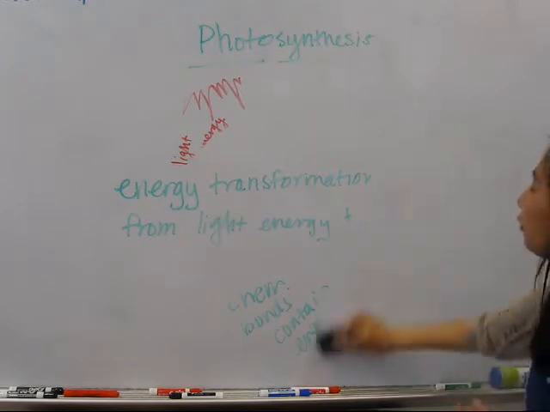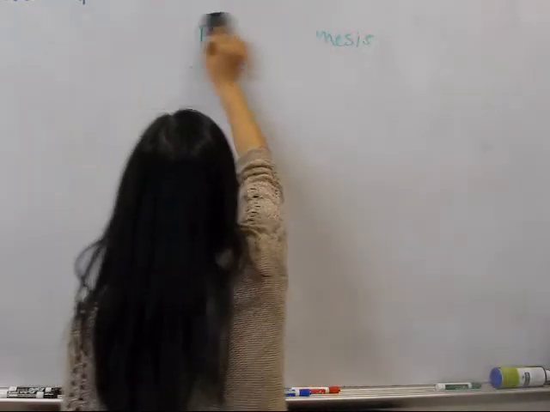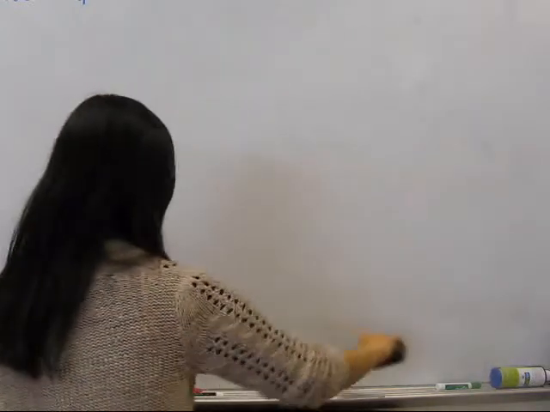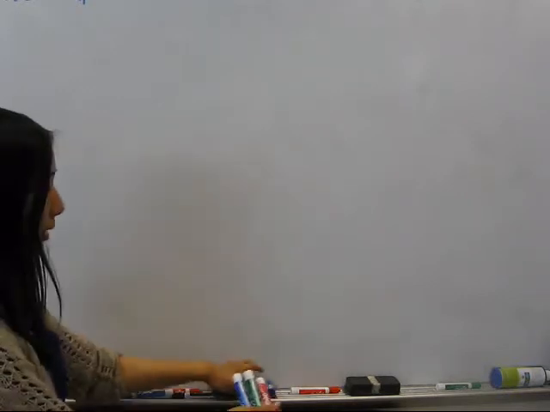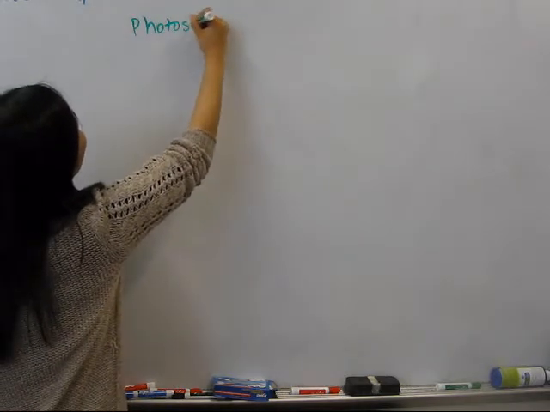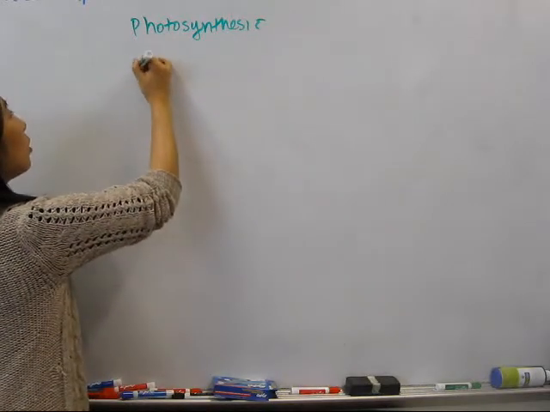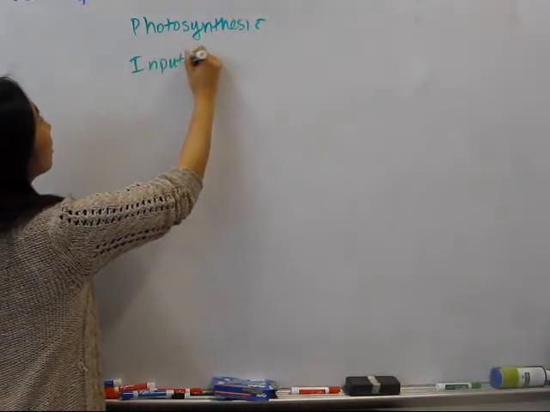I want to move on to cellular respiration, but before I do so, I want you to take a second and see if you can fill out on your own what the inputs and outputs are for photosynthesis, right? So what I mean by that is, I want you to tell me for photosynthesis, what are the inputs?